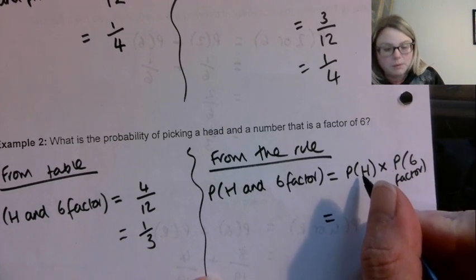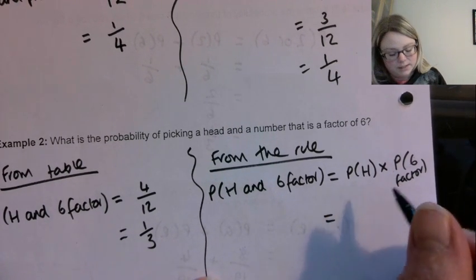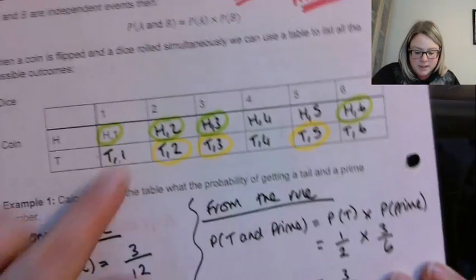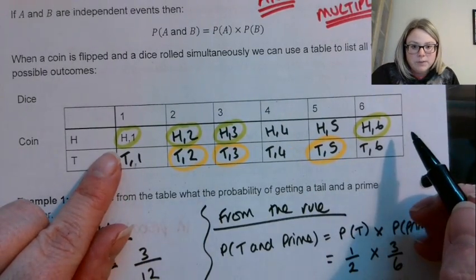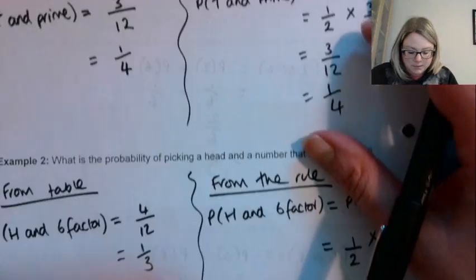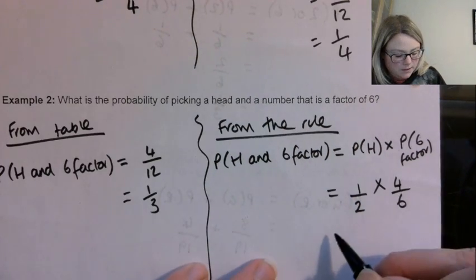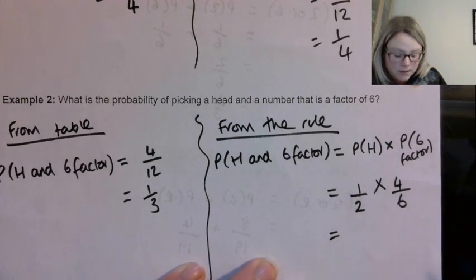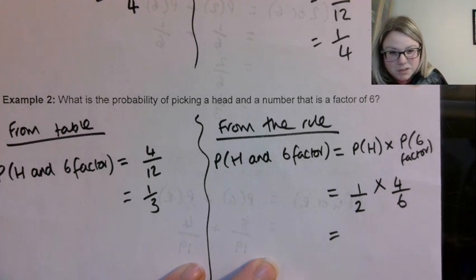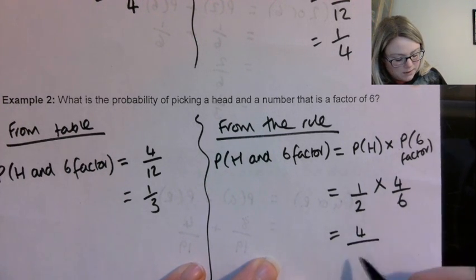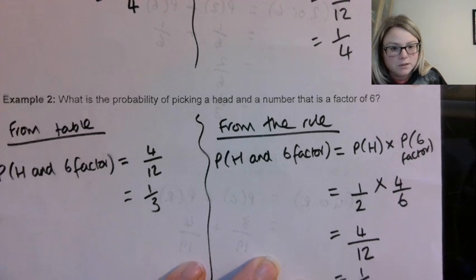So probability of getting a head whenever you roll a dice is a half. Probability of getting a factor of 6, there's 4 factors of 6, so that's 4/6. Multiply these. We could simplify, remember here. Doesn't matter though, because these numbers are nice and easy enough. So 1 multiplied by 4 gives me 4, 2 multiplied by 6 gives me 12, simplifies down to a third.